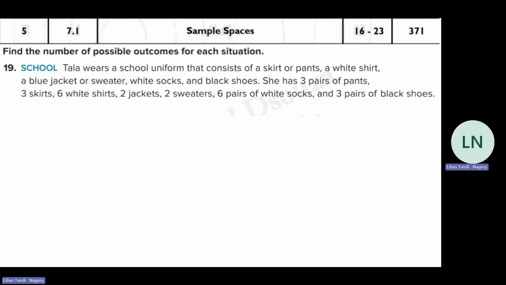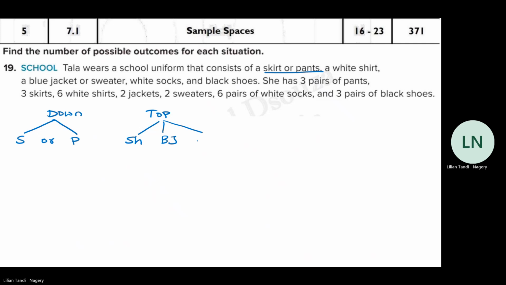Tala wears a school uniform that consists of skirts or pants. So these are for wearing down. So you can wear a skirt or a pant. Then on the top, she must wear a shirt, a blue jacket, a sweater.